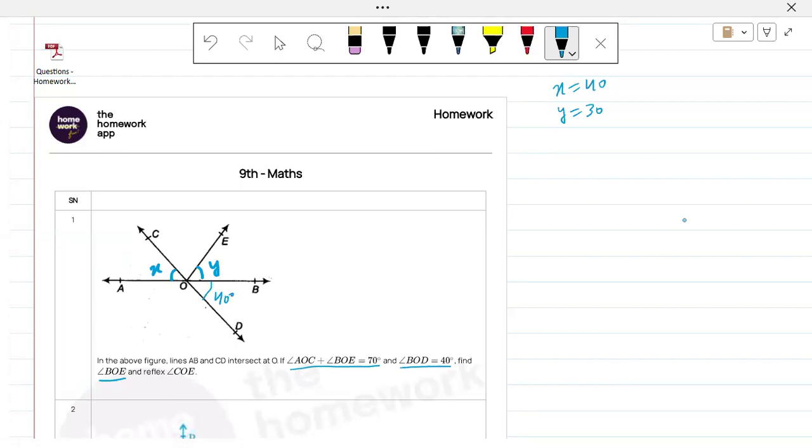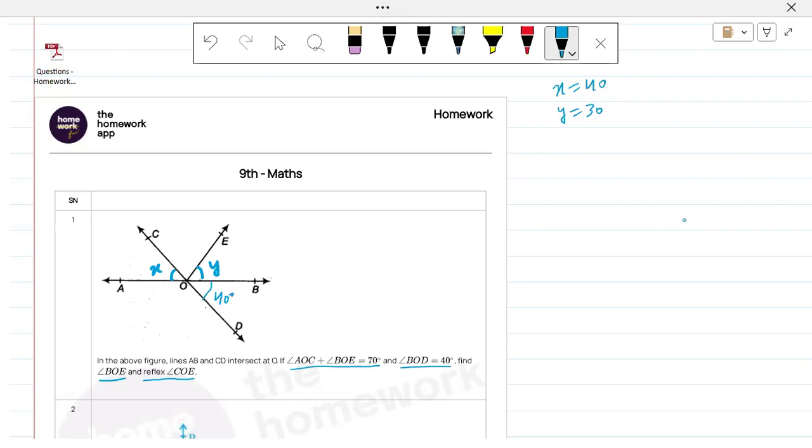Now you have found the value of X as well as the value of Y. That means you have found the value of angle BOE. Now what is further asked in the question? You have to find the value of reflex angle COE. For finding it, you need to understand what reflex angle COE is. Reflex angle COE is equal to 360 degrees minus angle COE.